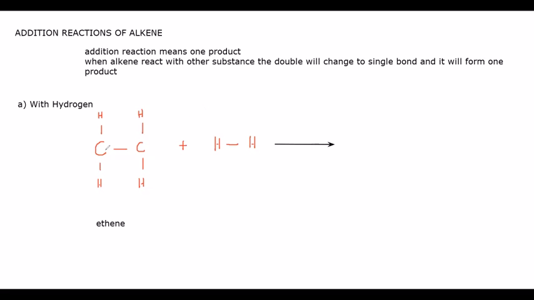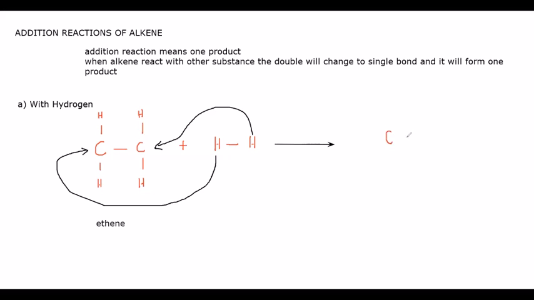As we know, carbon can form 4 bonds. So when the double bond breaks, each carbon can form 3 bonds. One of the hydrogens attaches to the first carbon, and the second hydrogen attaches to the second carbon. So what will be the product?